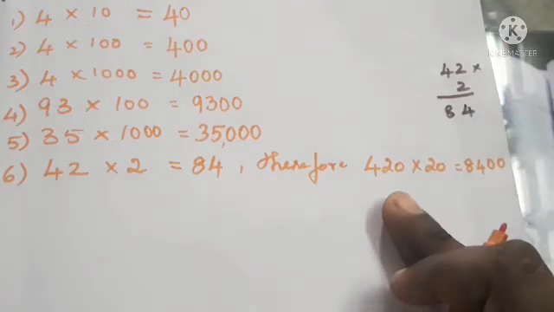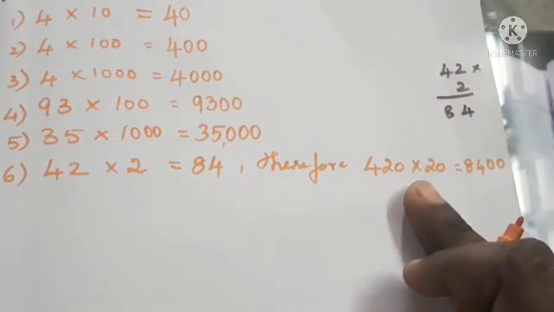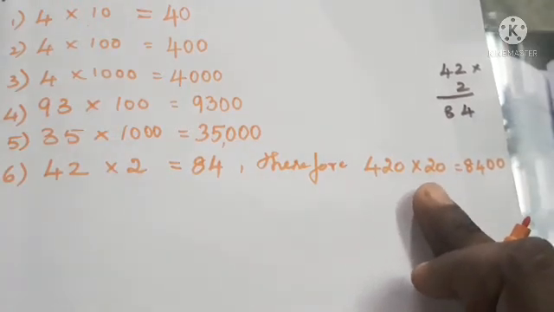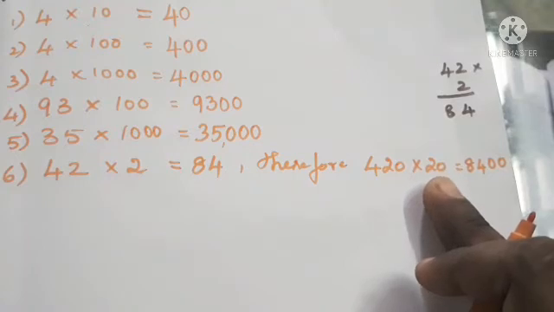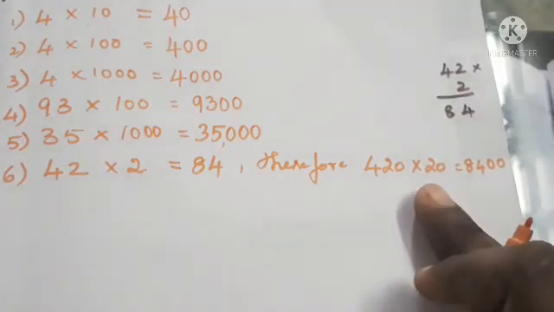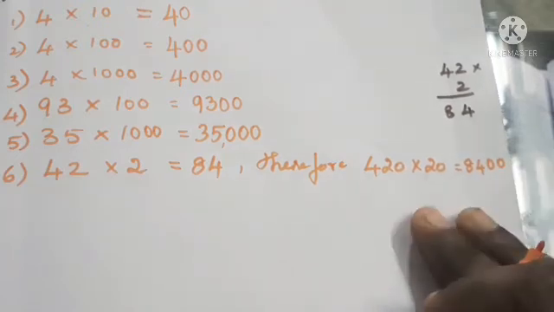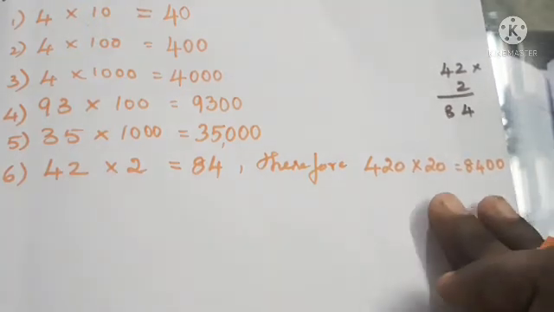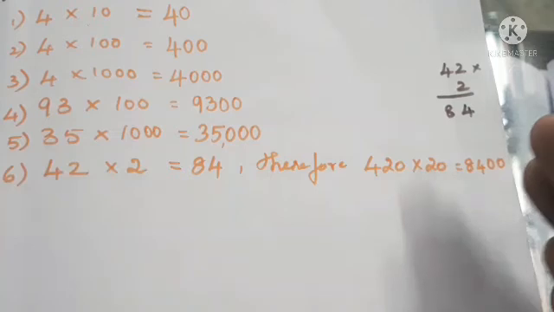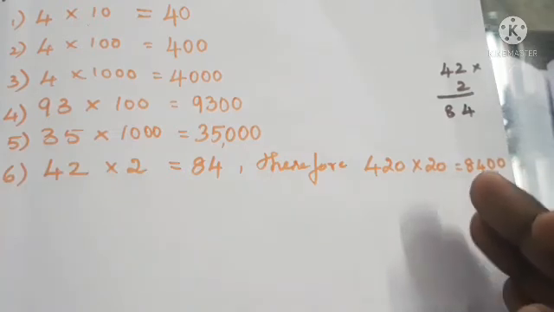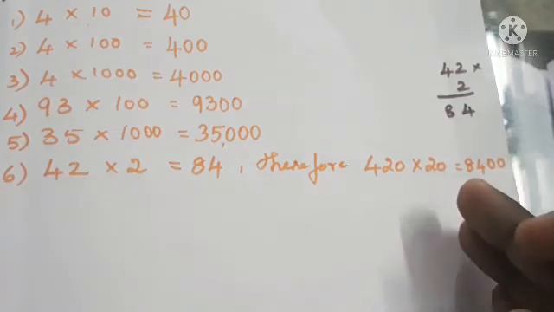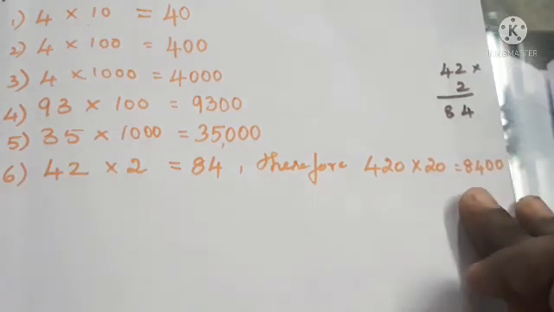So if you have zeros at the back of the number, if you want to multiply the two numbers, first we have to multiply the non-zero numbers and next we can write the zeros at the back. This condition will be satisfied only if you have the zeros at the back. That means at the ones place if you have 0 and tens place if you have 0, we are able to satisfy this condition.